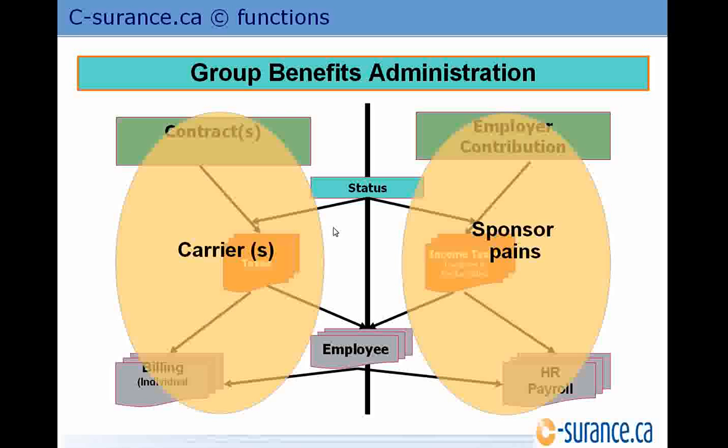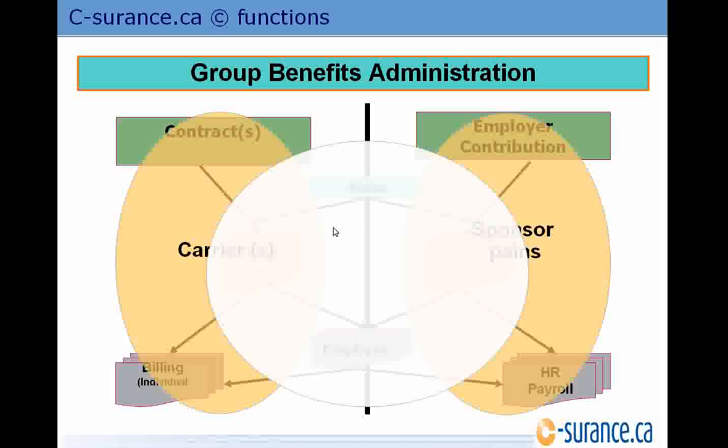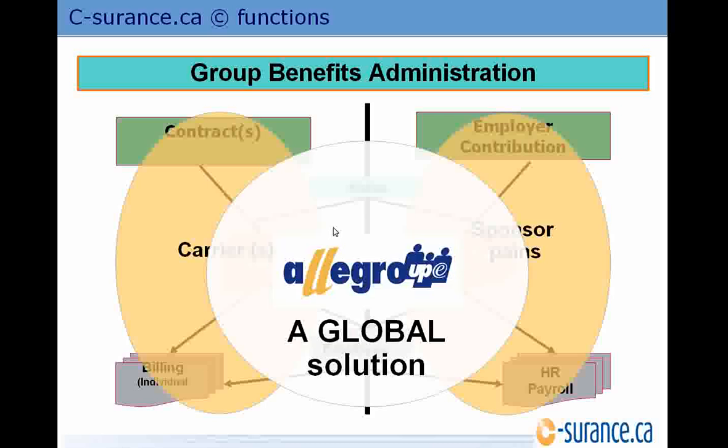With the Allegroupe solution, we bring a global solution to those two activities. Starting with the Allegroupe system, you can now take care of managing both the contract and the employer contribution with a single input of information.